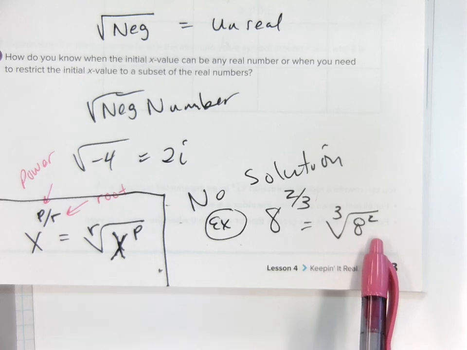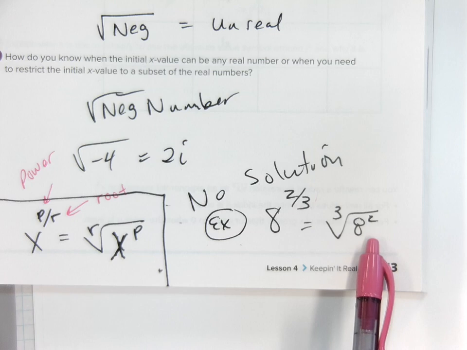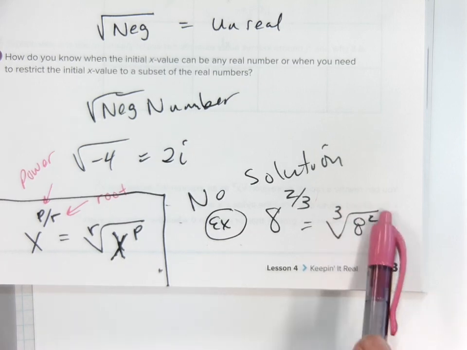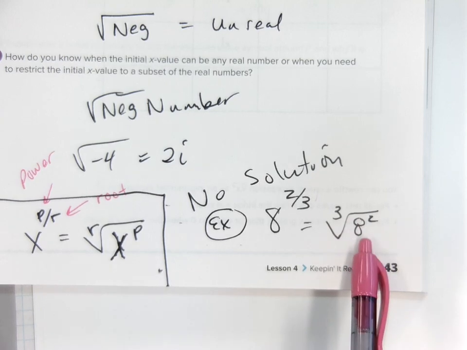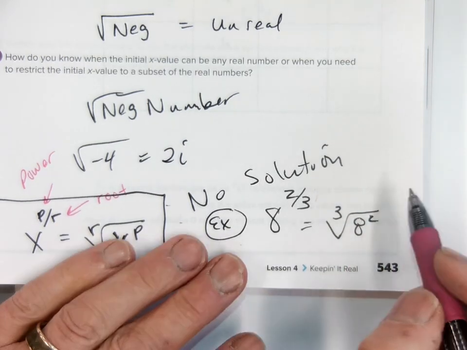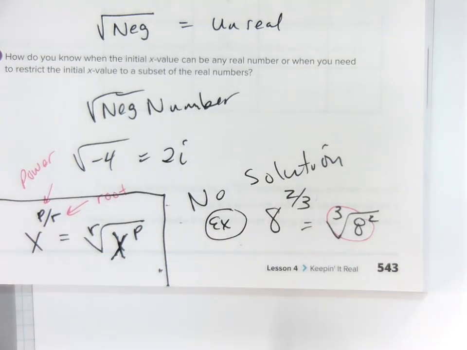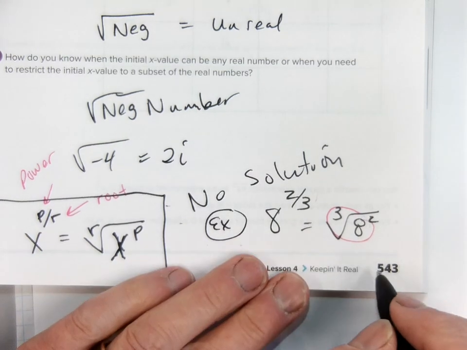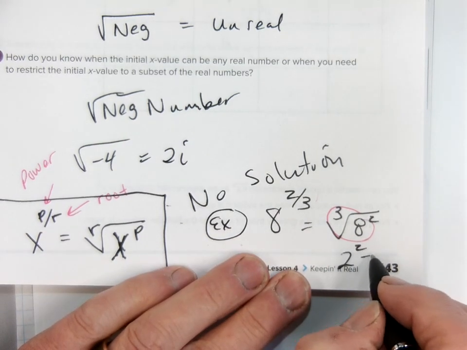So, 2 ways to do it. Reese, you did it the way I don't like to do it, and I'll tell you why. Because you did this first, and sometimes it gets you really big numbers. I like to do the root first because it makes it small first. Does that make sense? So the cube root of 8 is 2, and 2 squared is 4.